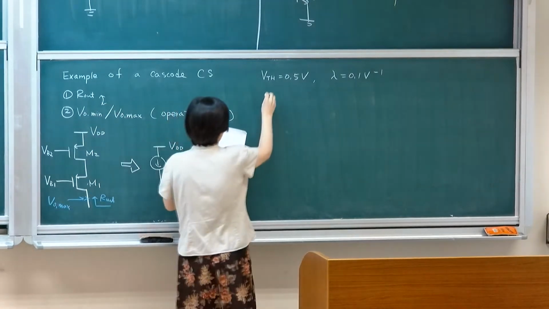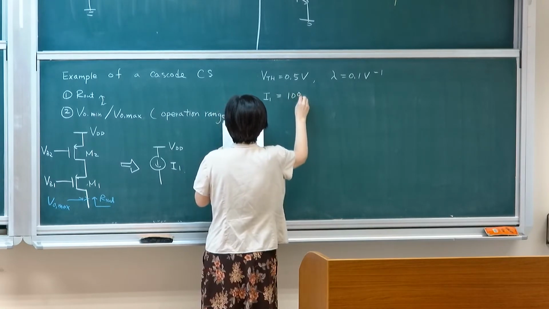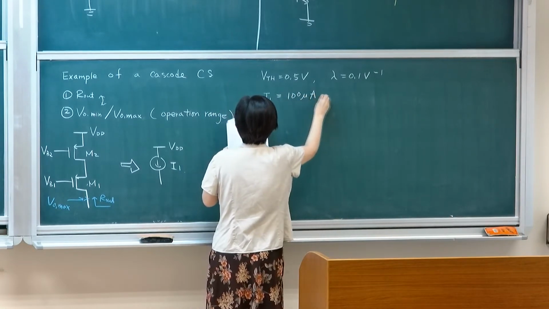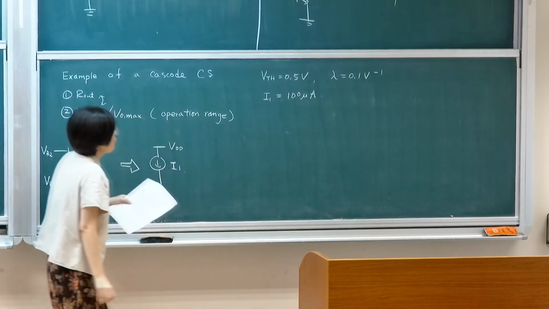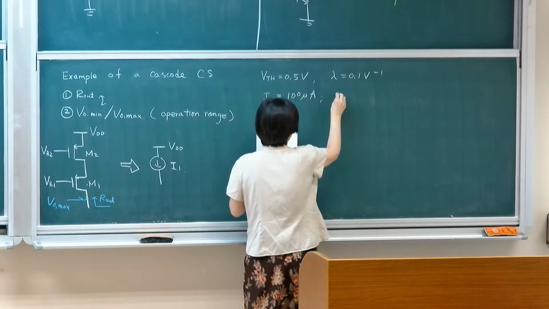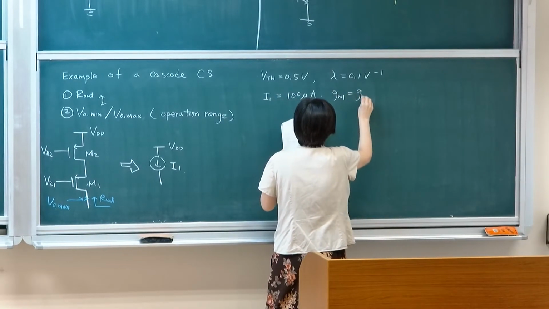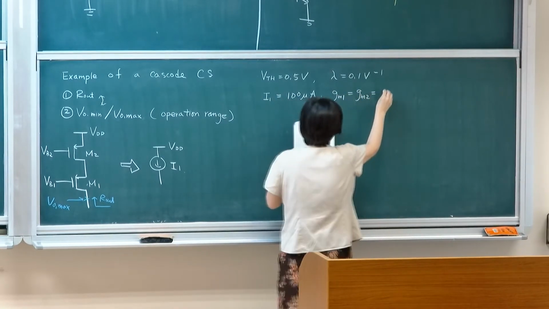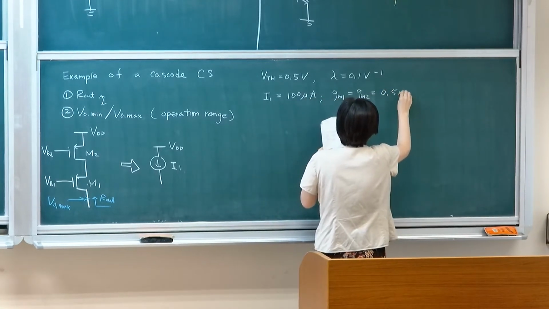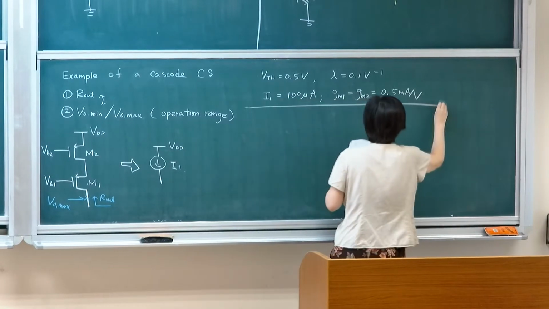And we want our I1 to be 100 microamp. And I'm setting my transconductance. These are given by design criterion, GM2 equals 0.5 milliamp per volt. So these are the settings.